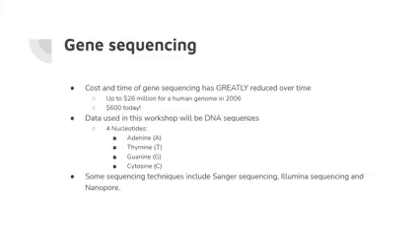All right, as for gene sequencing technologies itself, the cost and time of gene sequencing has greatly reduced. It cost up to 26 million to sequence one human genome in 2006, and took a few years to do so, compared to about 600 to sequence your own genome today, in just a few hours to a few days.